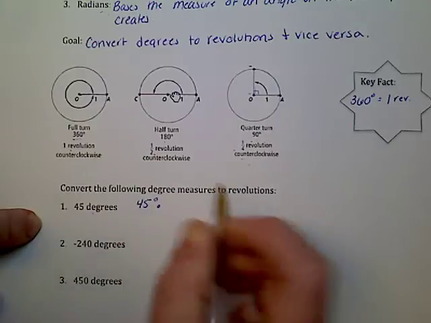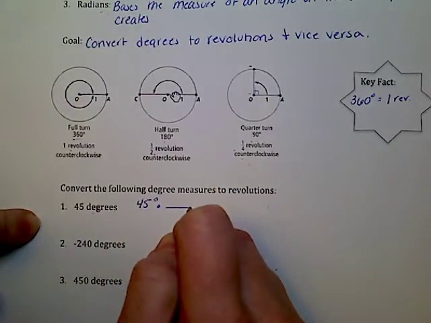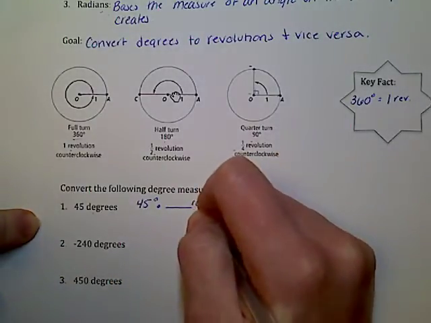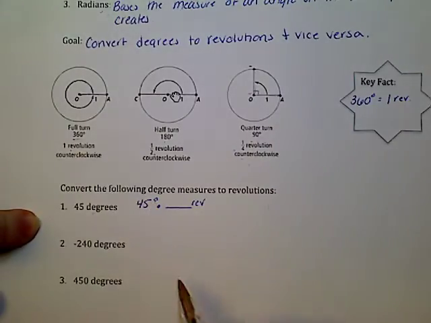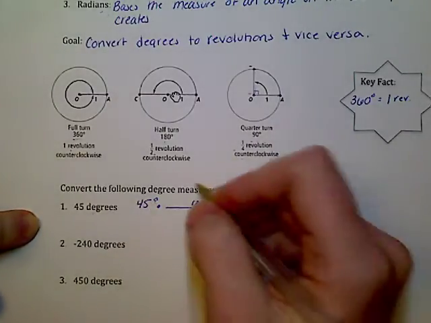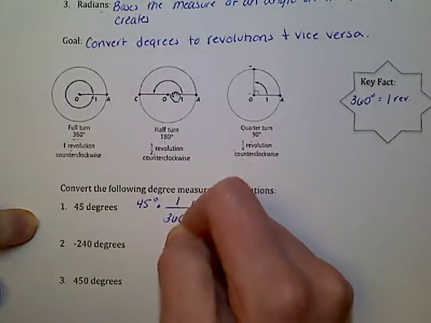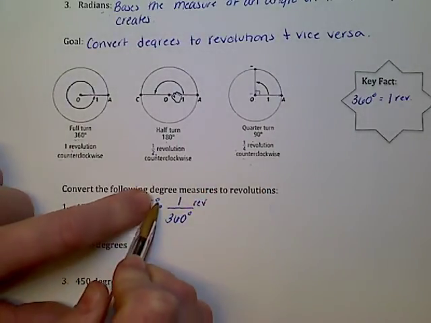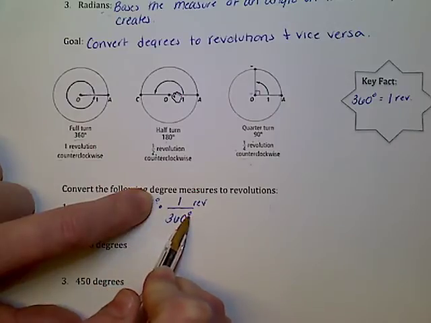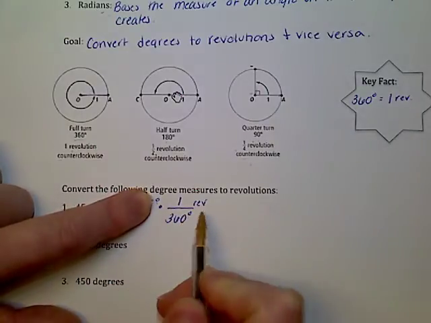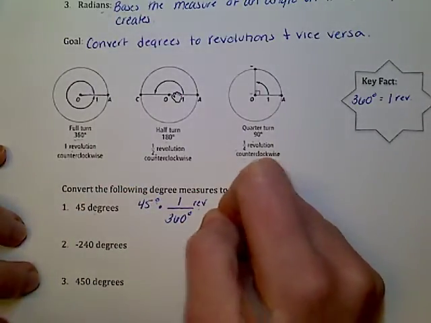So here's how I think of it, and this is going to bring in some chemistry for you guys. I want to end up with revolutions on the top. I want the degree measures to cancel. So I know that in 1 revolution there are 360 degrees. Having a degree on the top and a degree on the bottom, the degrees would cancel. I'm left with revolutions.